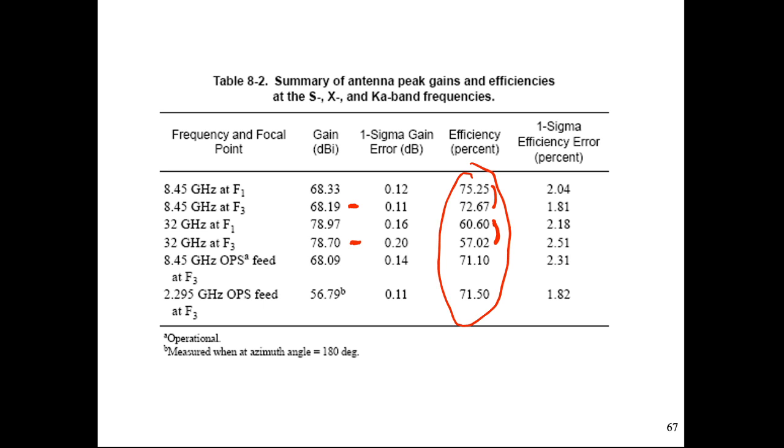You have larger thermal deformations, and therefore it's more difficult to keep the shape parabolic, because the surface is more deformed. So this is the reason why it's painted white, because you don't want these antennas to be heated too much.